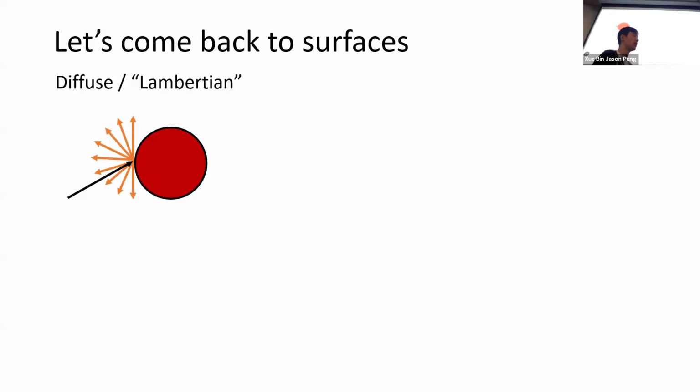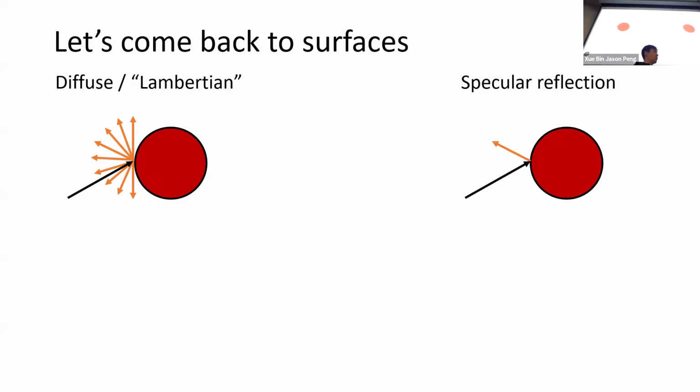If you look at objects in the real world, they're generally not perfectly rough. For example, some objects might have very smooth reflective surfaces, and these smooth objects reflect light in a different way compared to diffuse surfaces. Smooth surfaces will typically reflect light only along very specific directions.